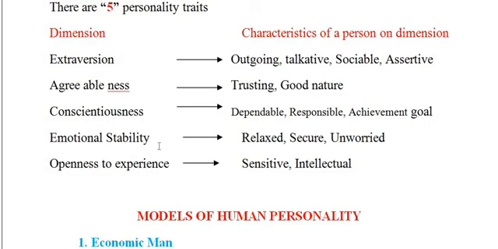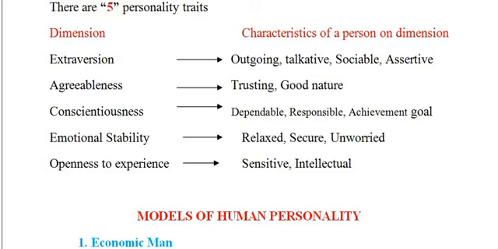There are 5 dimensions: extraversion, agreeableness, conscientiousness, emotional stability, and openness to experience.